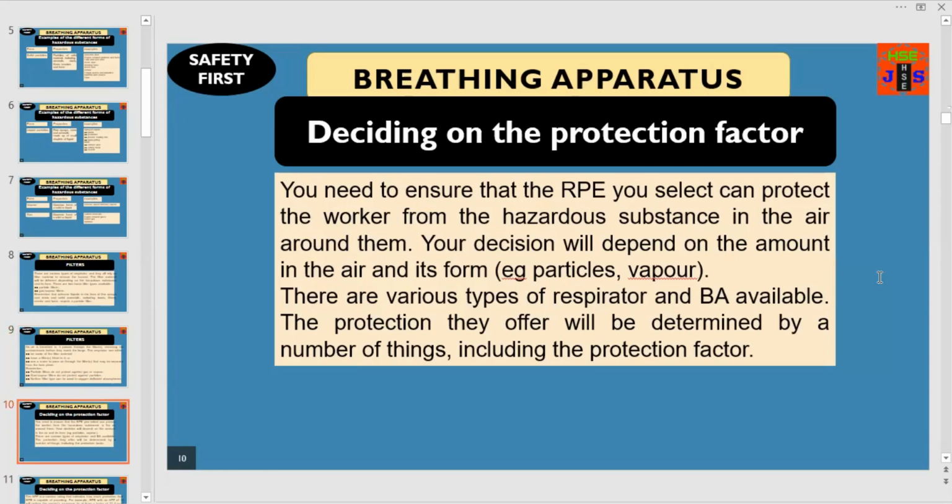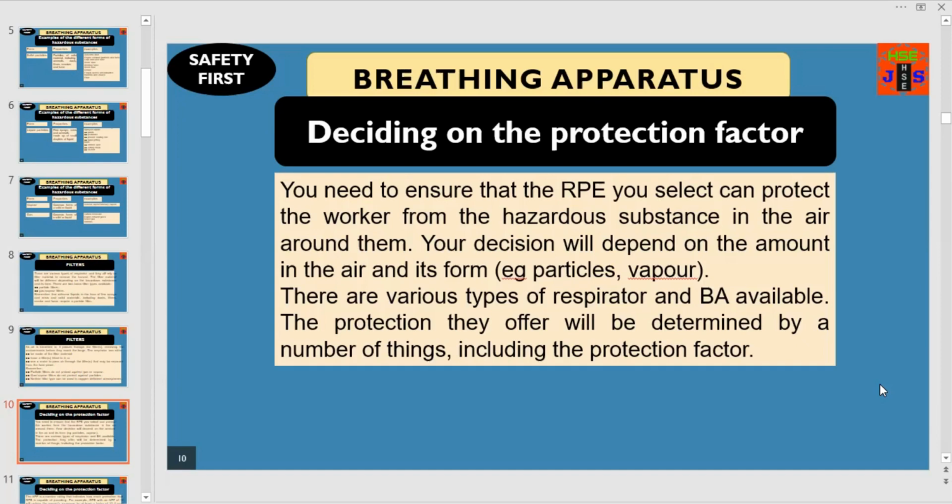Dear friends and fellows, in the selection of breathing apparatus or any type of respiratory protective equipment, protection factor matters. Let us understand the meaning of protection factor while selecting respiratory protective equipment.